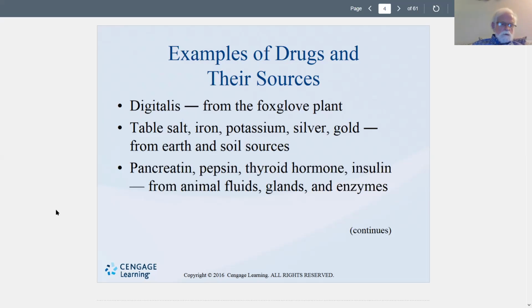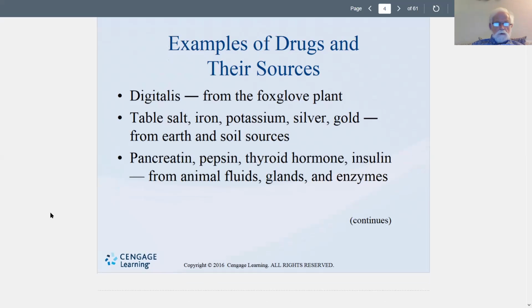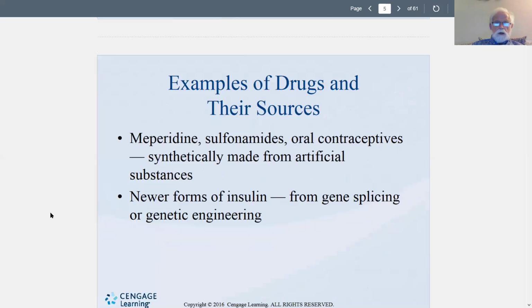Because we had a number of problems over the years with patients coming down with HIV as a result of human-derived drugs. Synthetic drugs include most everything. Some of the newer forms of insulin come from genetic engineering as well.